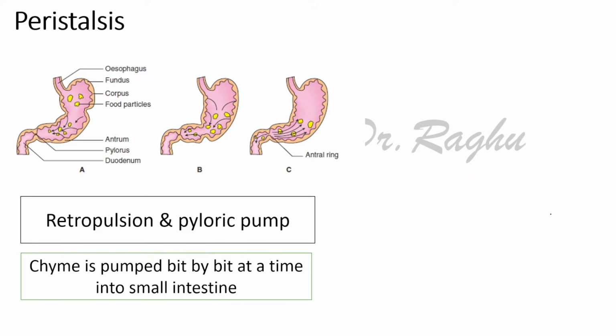Now next comes the last movement which occurs when the food is present in the stomach, and that is called peristalsis. How is this peristalsis different from the mixing peristaltic waves which we have seen in the previous slide? Most of the time, these peristaltic waves are very weak, and they help in mixing of the food.